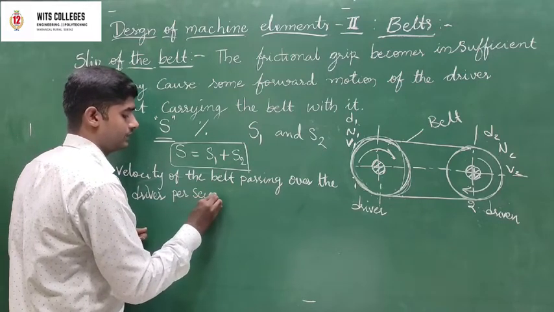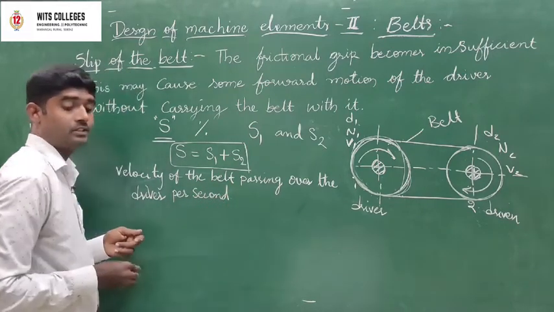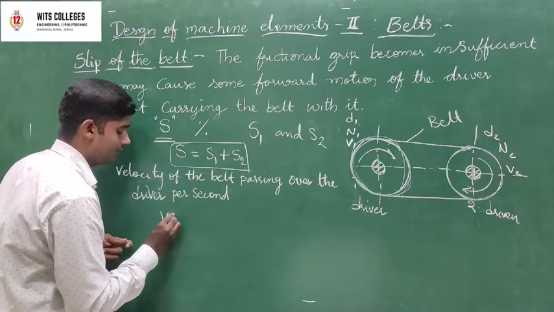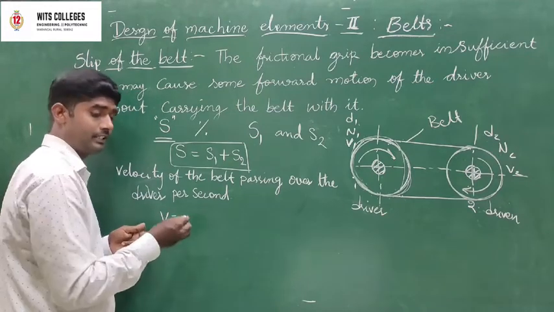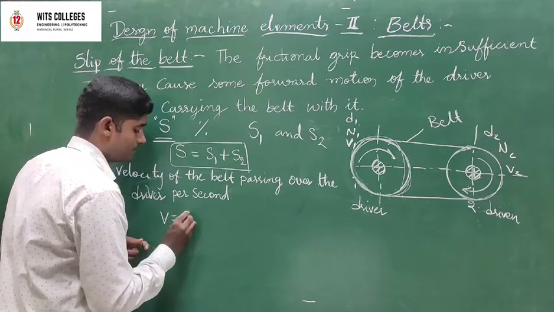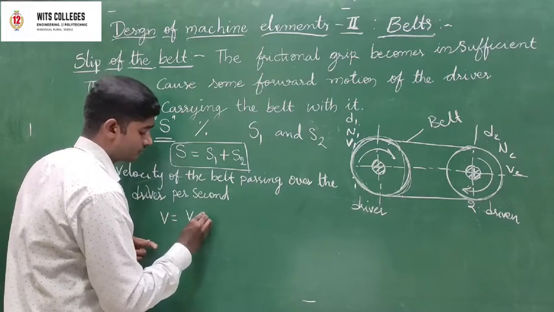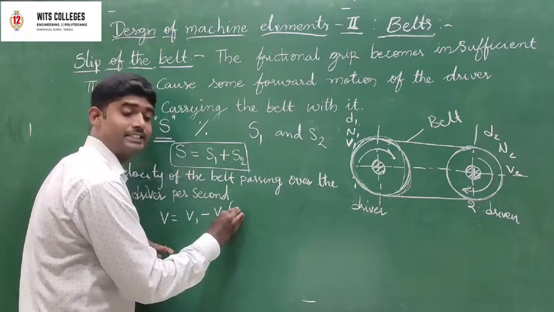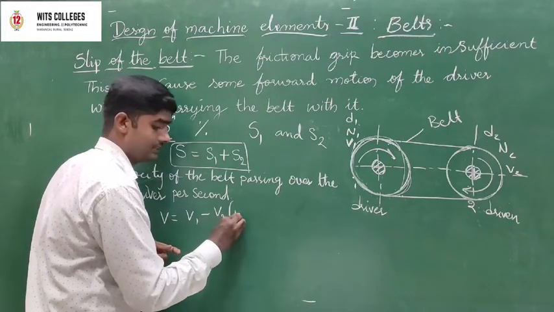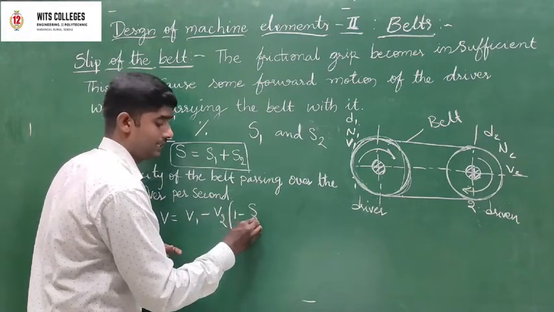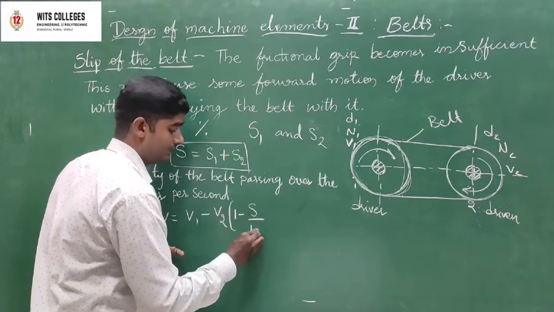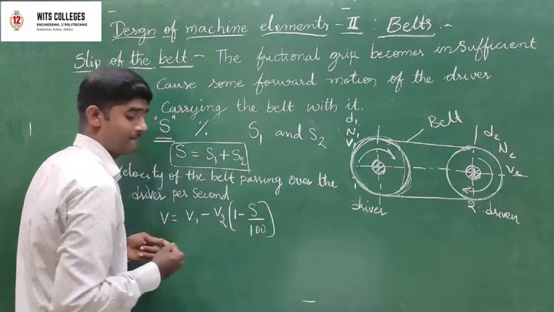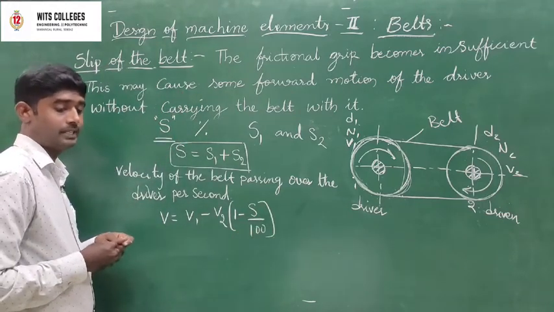This is one condition. In this condition, the belt velocity V is equal to V1 minus V1 into percentage slip, that is, V1 into 1 minus S1 by 100.